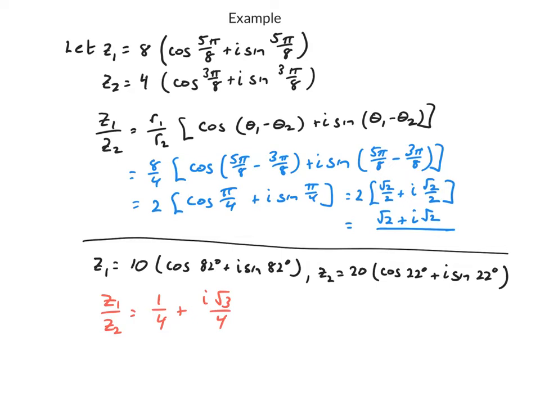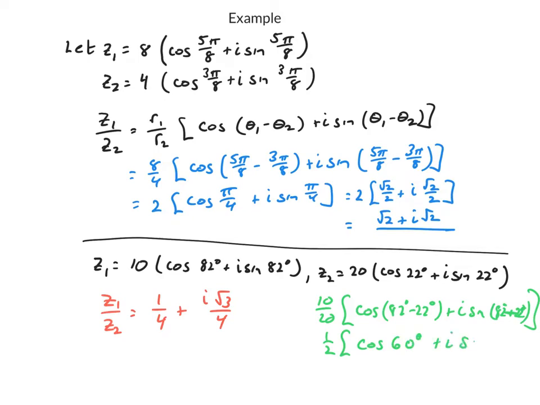When you set it up using the quotient rule we have up here, that would be equal to 10 over 20 times the cosine of 82 degrees minus 22 degrees plus i sine of 82 degrees minus 22 degrees, which comes out to equal 1/2 times the cosine of 60 degrees plus i sine of 60 degrees. And when you put it in rectangular form, that comes out to be that.